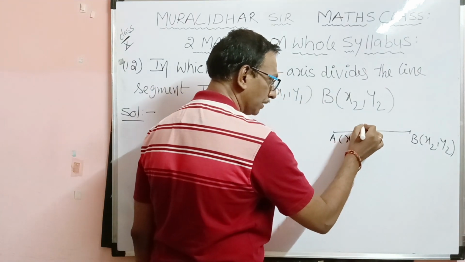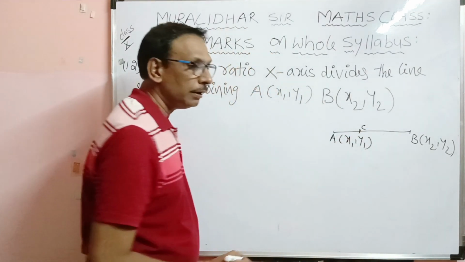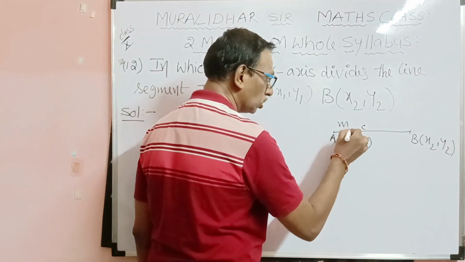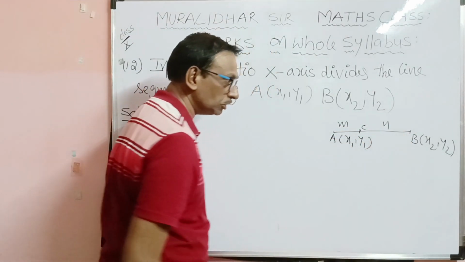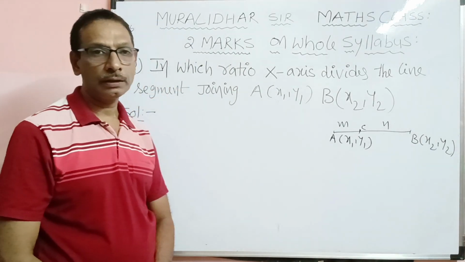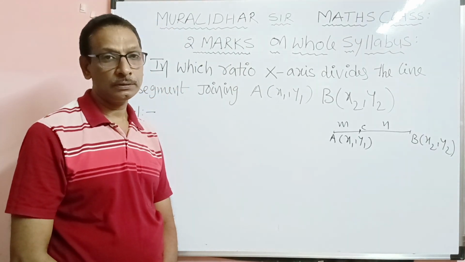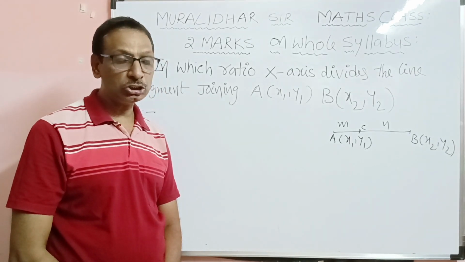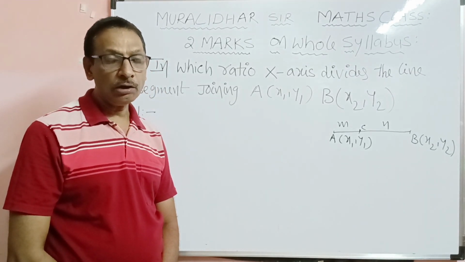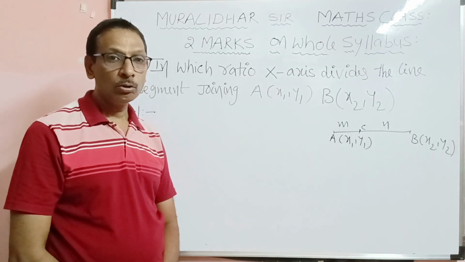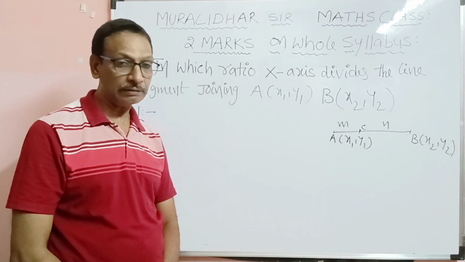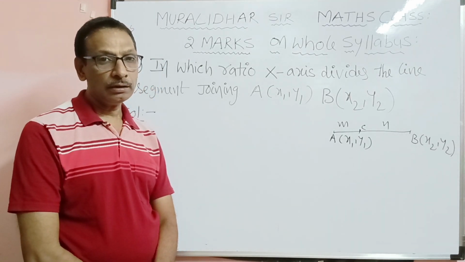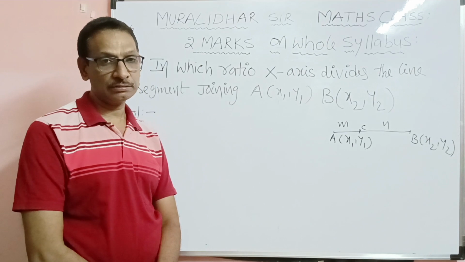Suppose C is a point dividing this line segment in the ratio m is to n. Now we are calculating the coordinates of C. Suppose the point C is on the x-axis.